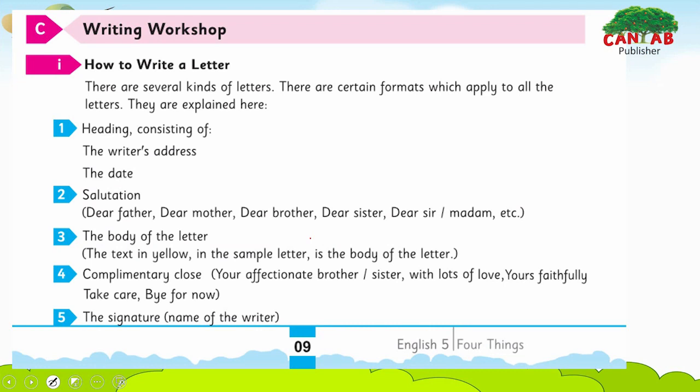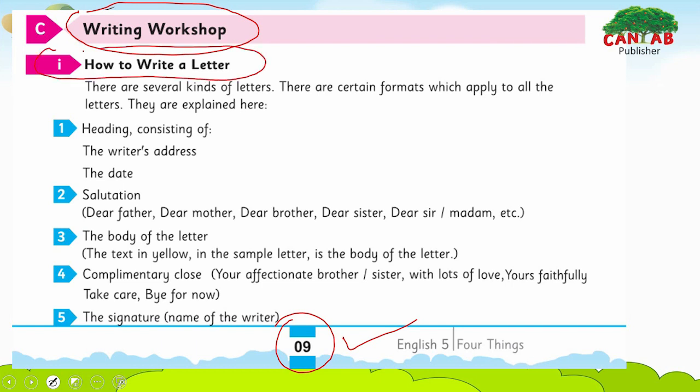So first of all, students, you should open your book to page number 9. Here the writing workshop is on how to write a letter. Today we will be discussing the basic things that are required in writing a letter and the composition of the letter in terms of writing skills.